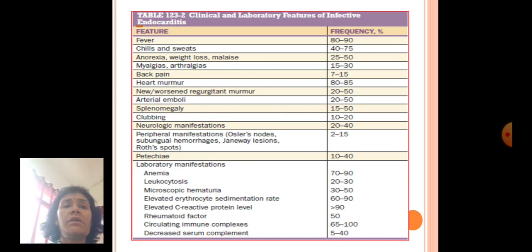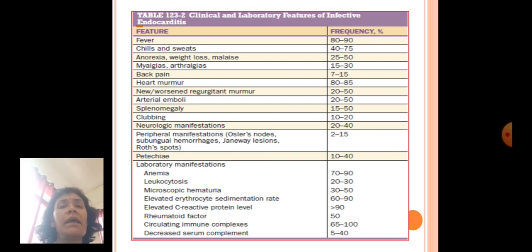Clinical and lab features, to summarize: fever is a very common manifestation, present in about 80 to 90% of patients. Then there can be a history of fever with chills and sweating in 40 to 75% of patients.